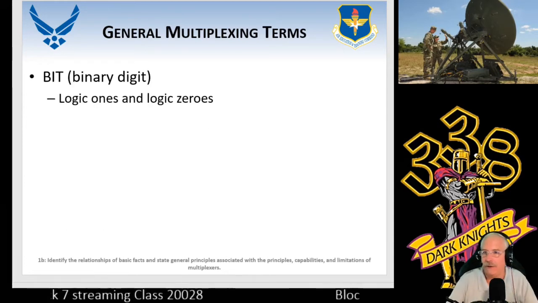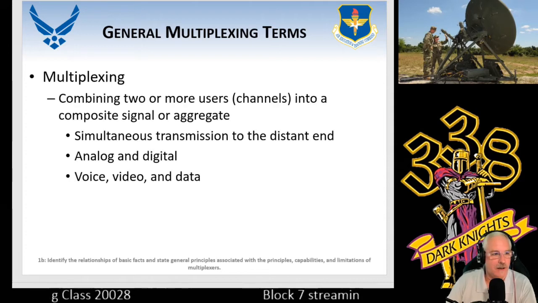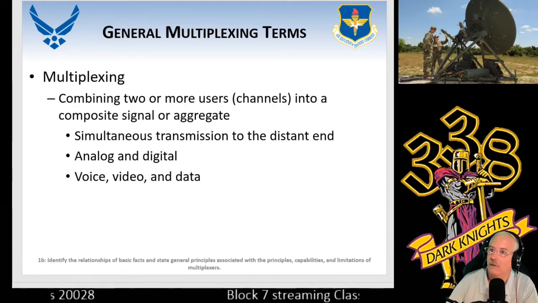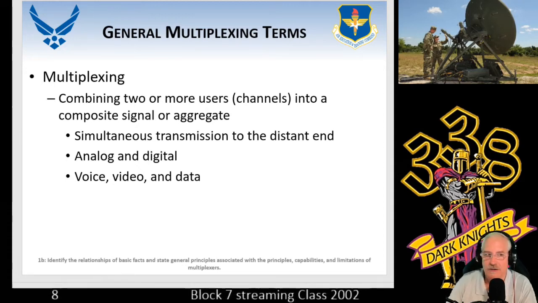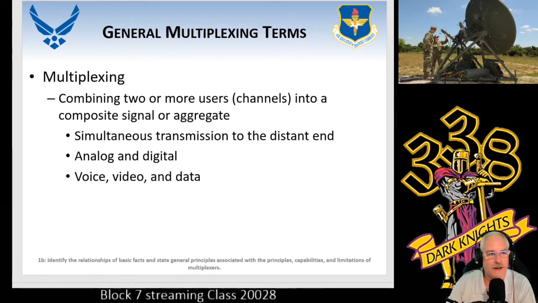Then we have bit. You guys should know about this from block 6. Not to be confused with byte, because we are going to talk about bytes later. And we have the definition of multiplexing, or multiplexer. This is a combination of a couple channels or more into a single or aggregate signal. In other words, we're going to use time and send it out as one signal.